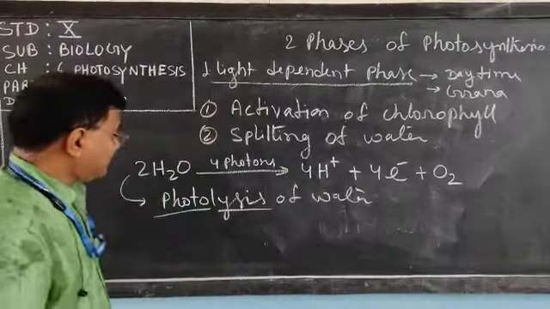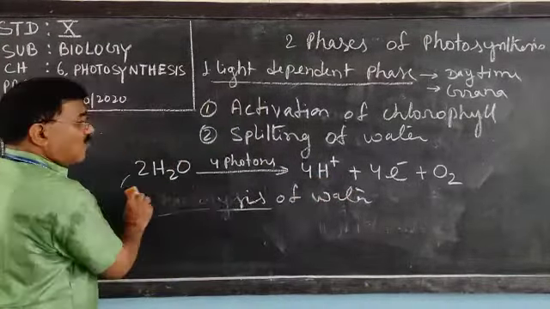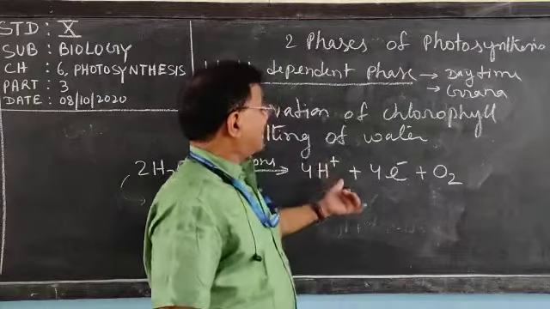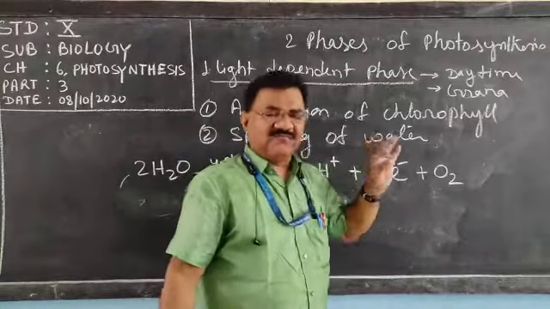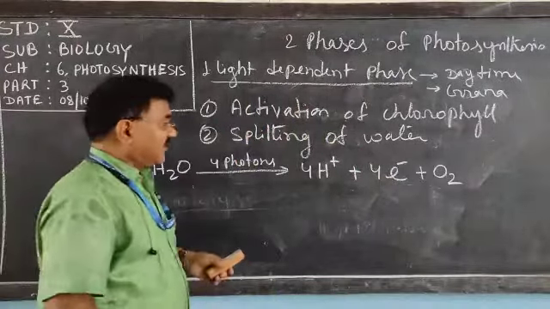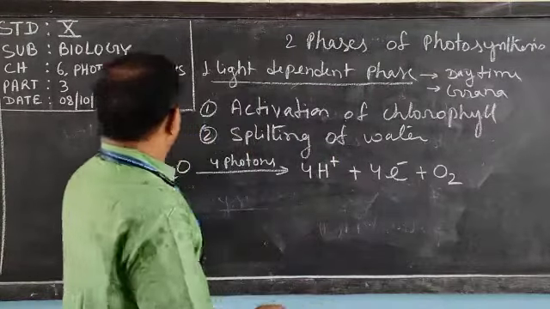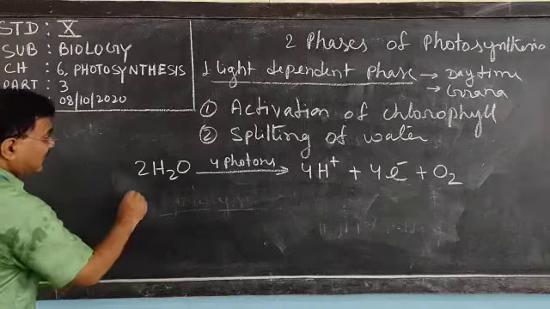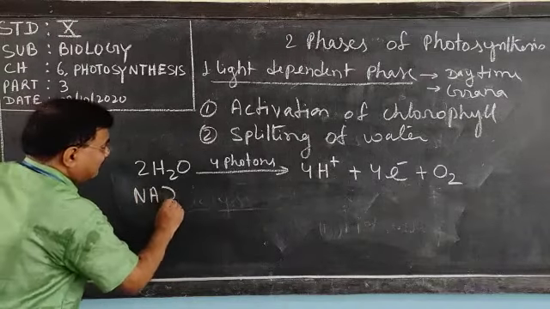Now, a very important thing we have to discuss: what happens to these 4 hydrogen ions and 4 electrons? Very, very important part. Listen. First, we know that one compound is already there, and the name of that compound is NADP.